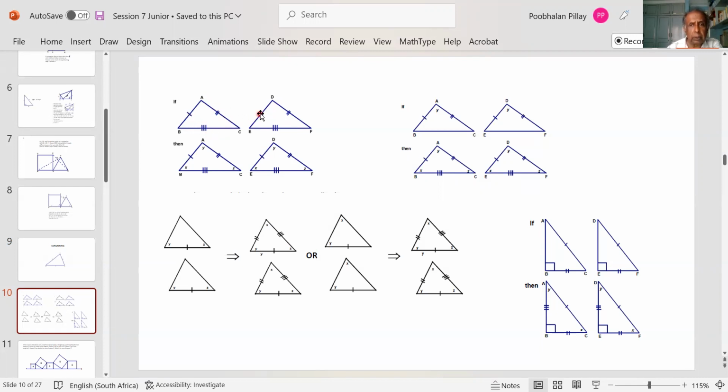You can see one stroke. That means that those 2 sides are equal. AC equals DF, and BC equals EF. So here you've got 2 triangles which have the same sides. In other words, the 3 sides of one triangle are equal to 3 sides of another triangle. You can conclude that the 6 numbers are all equal.